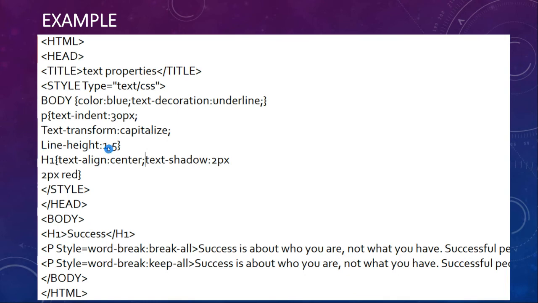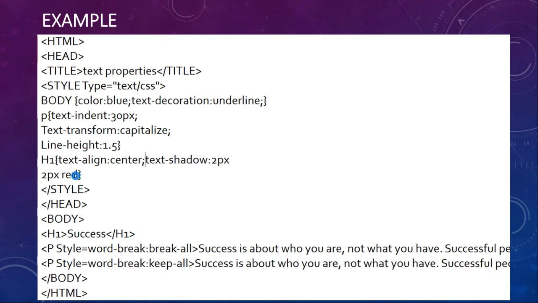Then line-height is 1.5. This is 1.5 space I'm leaving between the lines. Next H1 heading tag, text-align center, so my heading will come at the center of my page. Then text-shadow is 2 pixel in red. Okay, so I'll get a shadow for my heading and the shadow will come in red color.